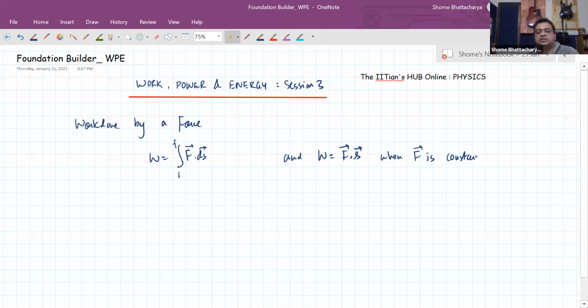Otherwise, in general, we have to rely on the integration. So today we will start by understanding the relationship between work and kinetic energy, and to that end, we will start with the statement of the work kinetic energy theorem.